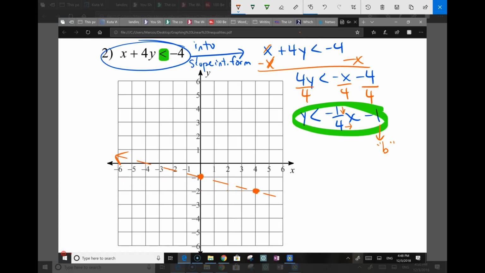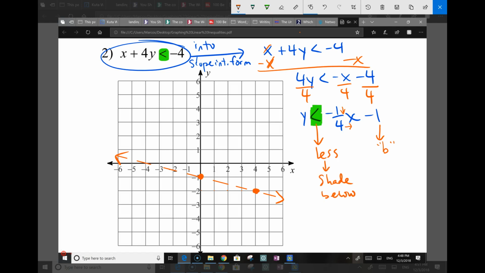Then after I put my arrows, I have to decide, do I shade above or do I shade below? That depends on my inequality. The inequality I have is less, and because it's less, it also means shade below. So you want to shade below the line, and I'm going to go ahead and do that.